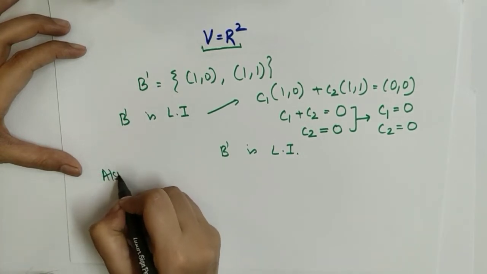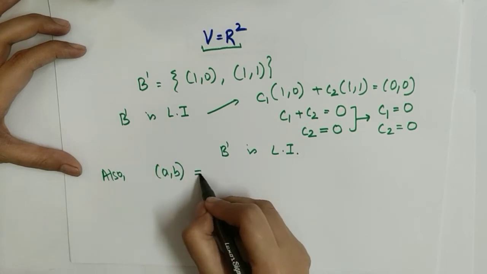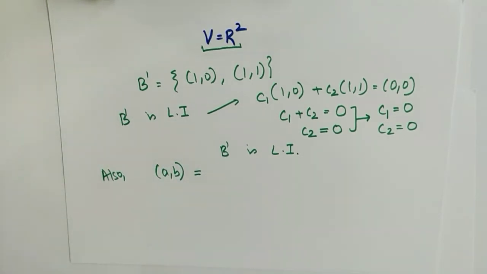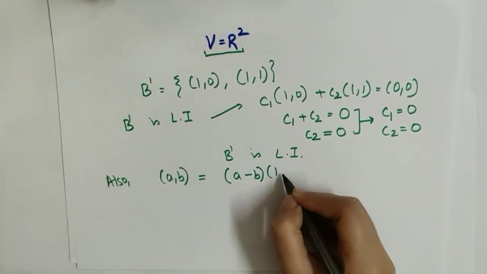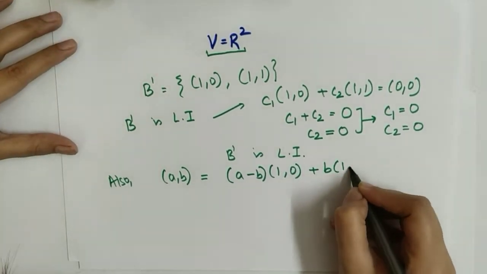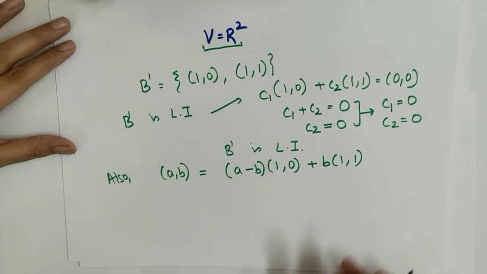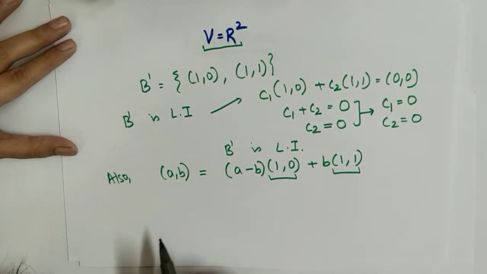Also, any (a, b) in R2 can be written as (a minus b) (1, 0) plus b (1, 1). Thus, these vectors span R2.